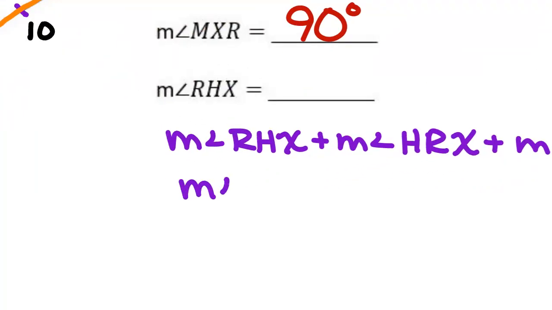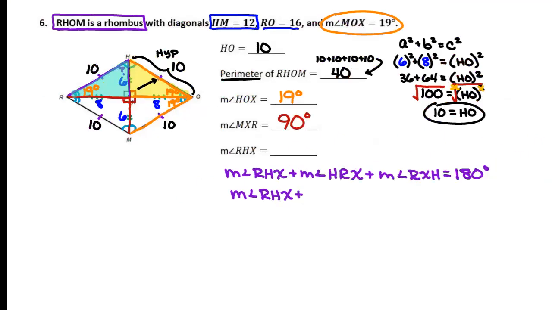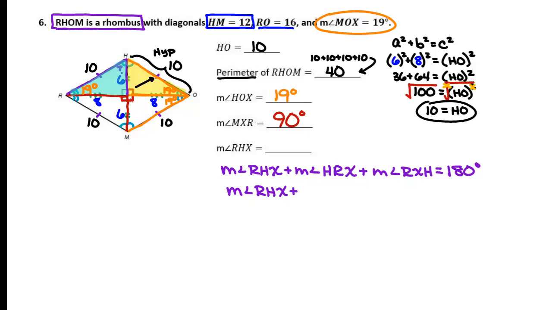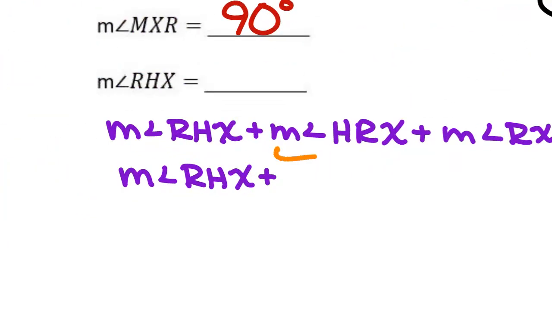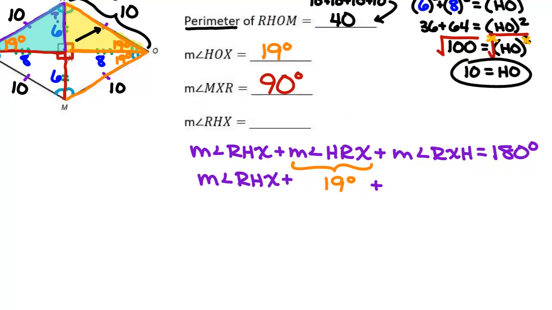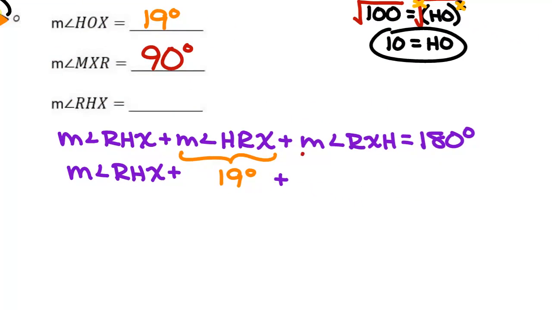RHX is what we're looking for, so I'm going to leave that as just RHX. How big is HRX again? 19 degrees. And what about RXH? 90.